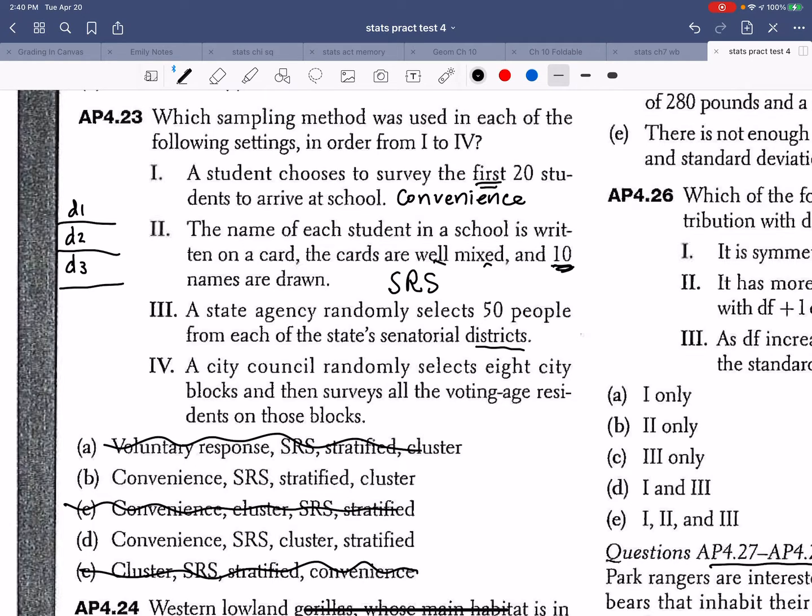We each have a district that we run in, and the top 4 competitors advance from that district. But that wasn't random, right? In this example, they took 50 from each district. So these are strata. This is a stratified random sample because each of those would be considered strata.